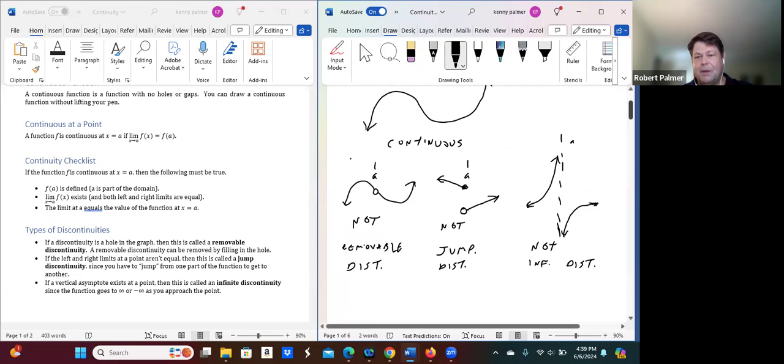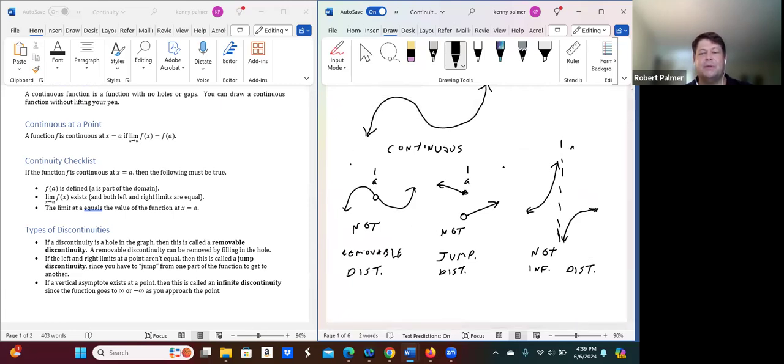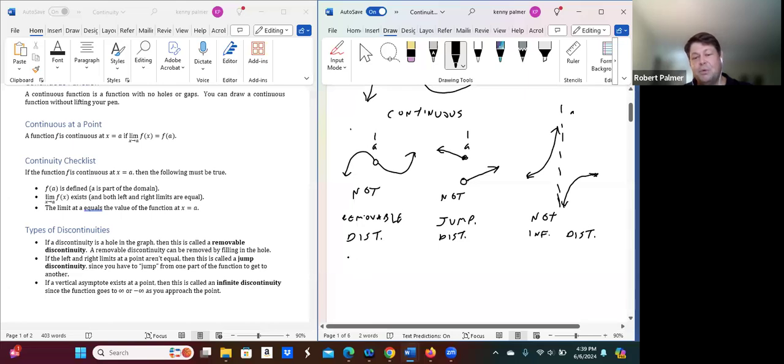where this happens. Okay, so why isn't this one continuous based on the definition? Well, it's true that the limit as x goes to a of f of x exists. Okay, both the left and right limits go to the same point.